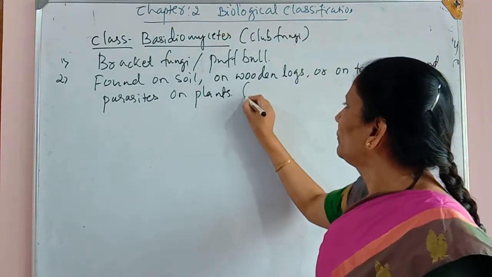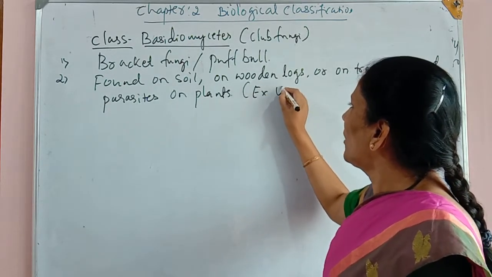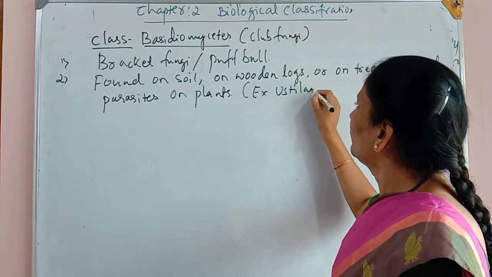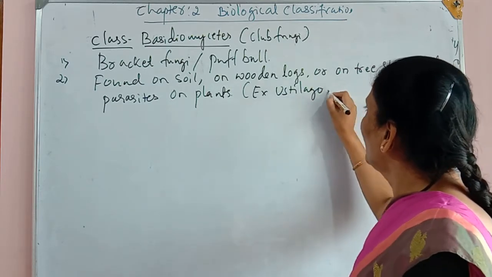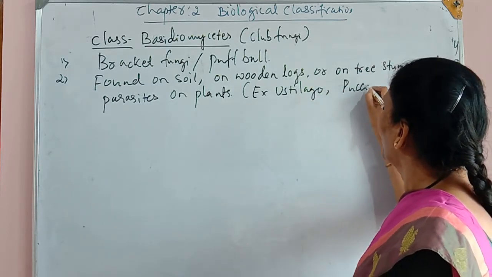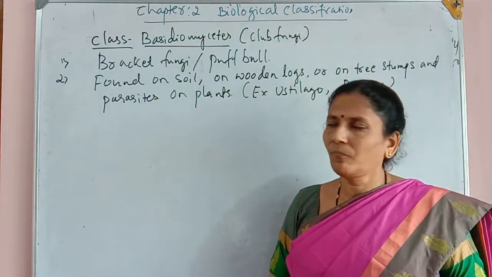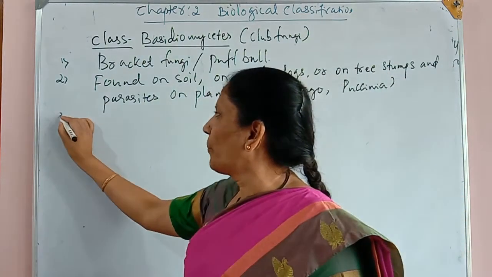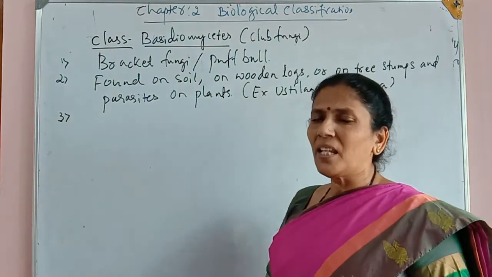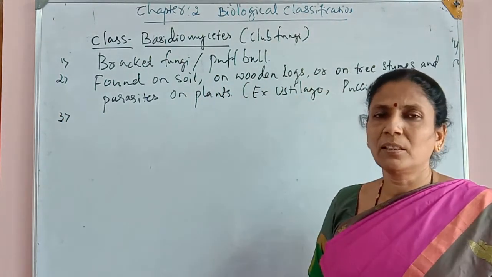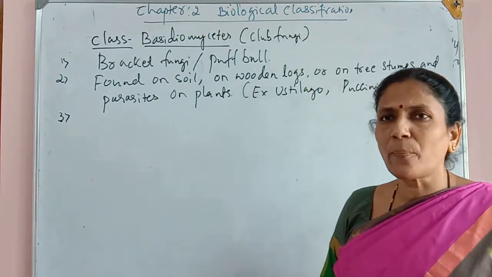Examples: Ustilago and also Hymenium. These are parasitic fungi.